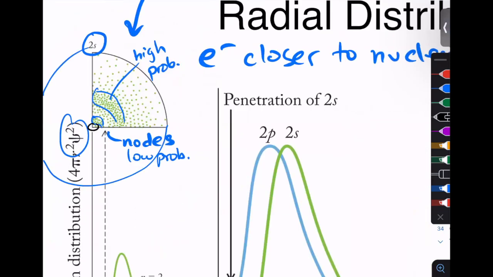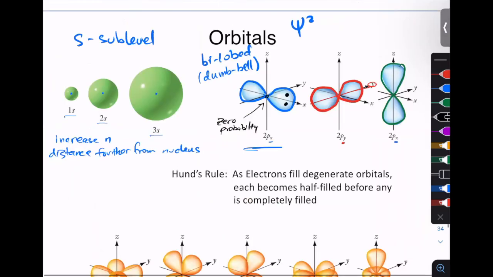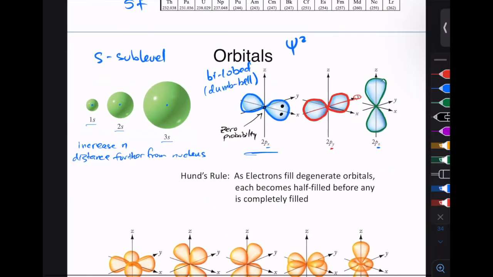Okay, so we have these nodes for the p sublevel orbitals, but how does this still define three non-overlapping exclusive regions that all specify the same energy level? So I'm going to try to show you that now by overlaying these three colored outlines of each orbital, and I'm going to put them all over the one on the right.